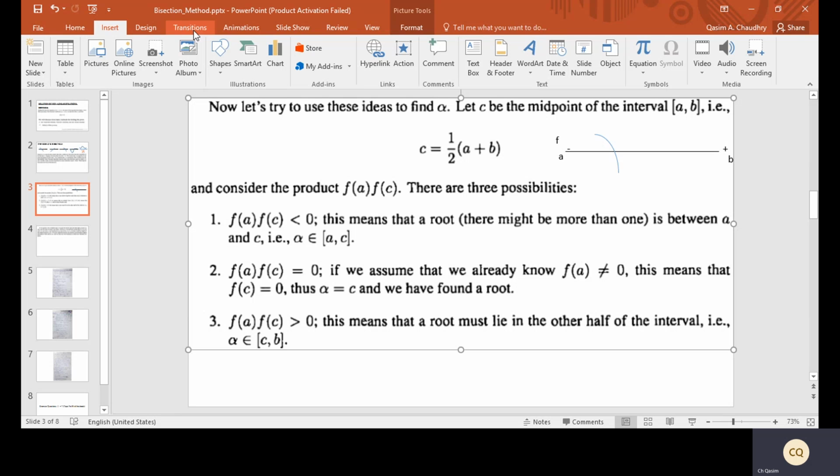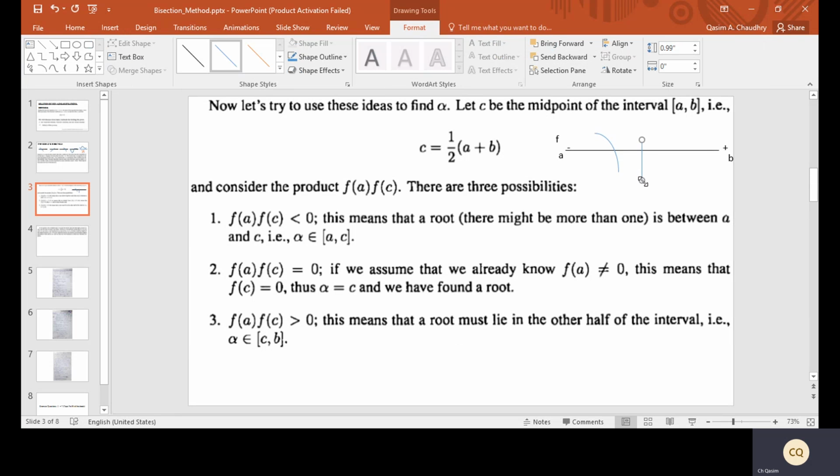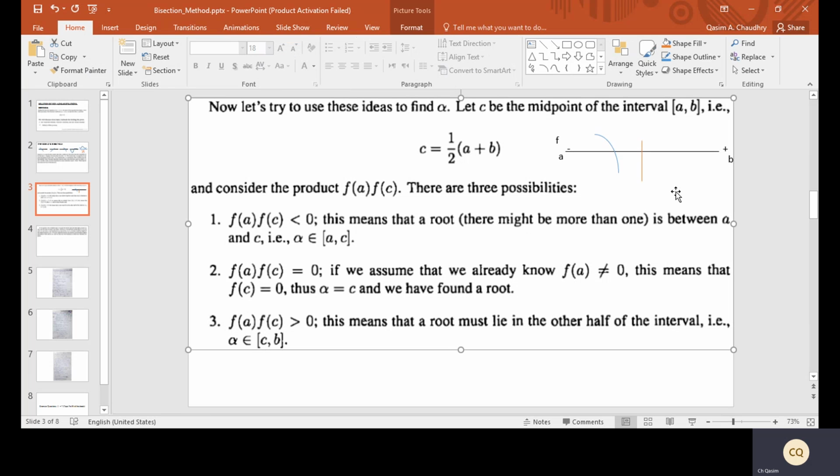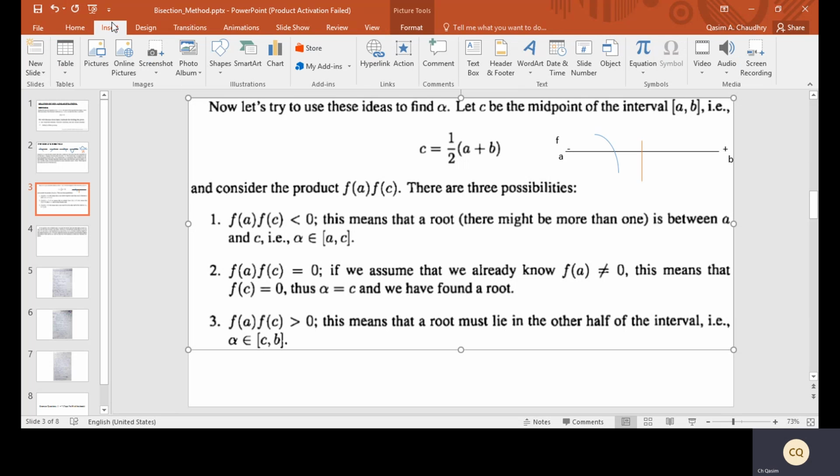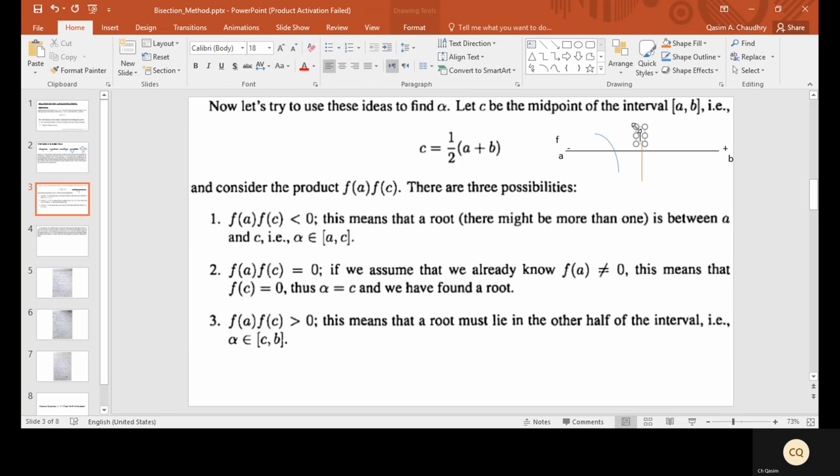Let me take a line here so that you understand that this is your middle value. Let's say, maybe not exactly, but let's say this is your middle value, students. I'm using a different color. This is the middle value, and this is your c point. Let me write it here. This is your c point.